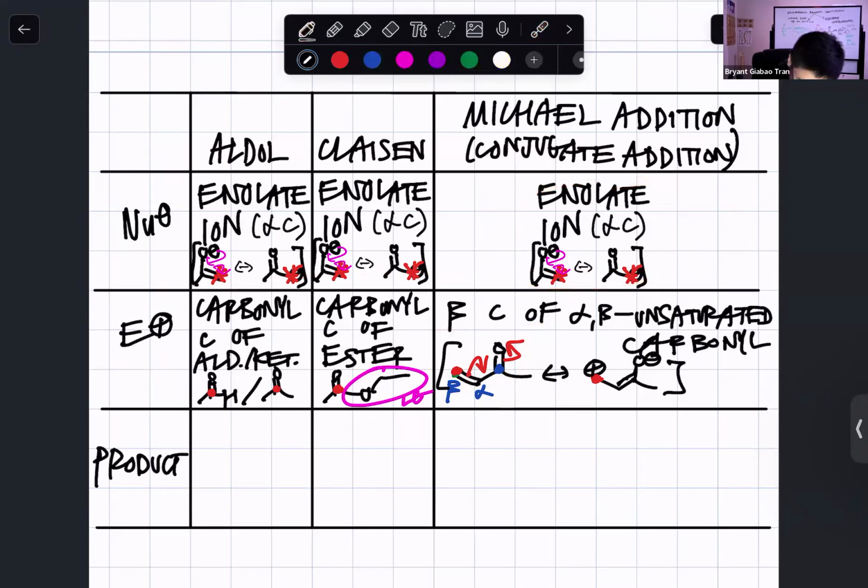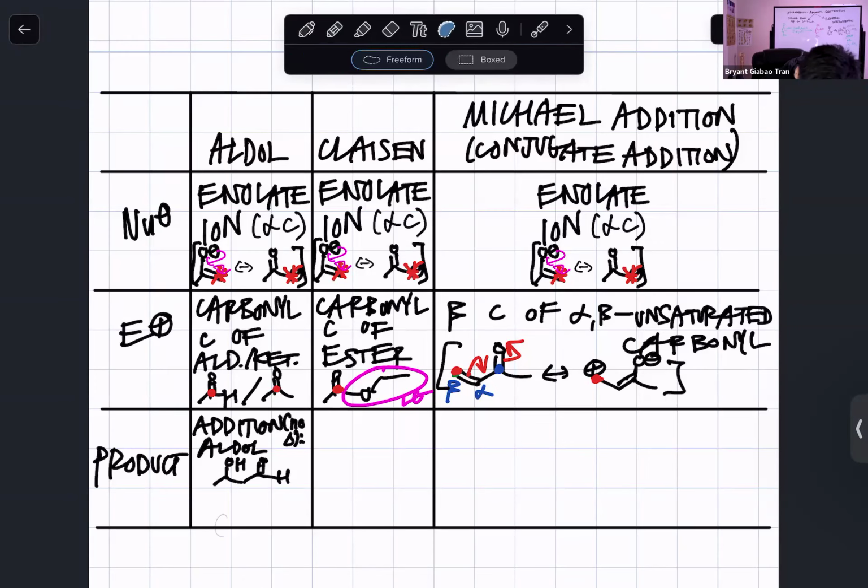The product for aldol, if it's aldol addition, which is no heat, is an aldol, meaning that the product has an alcohol beta to a carbonyl, most likely an aldehyde.